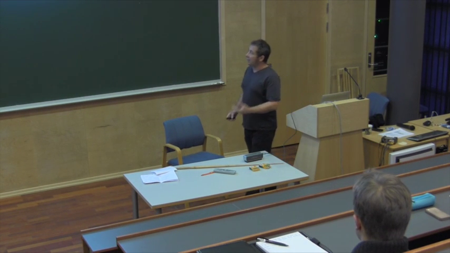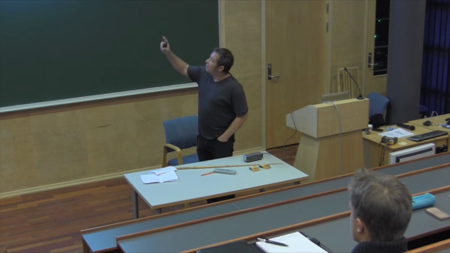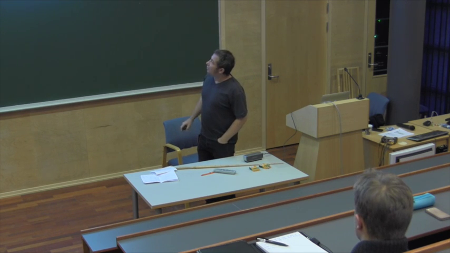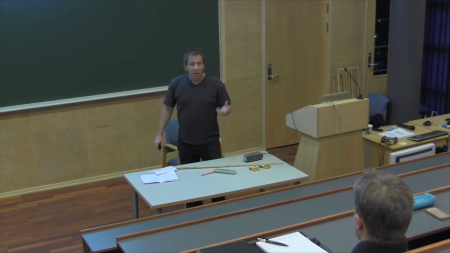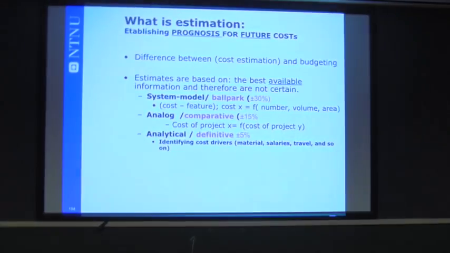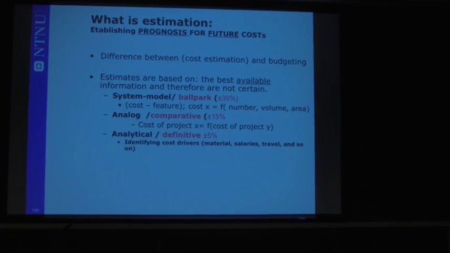Now, in project management literature, you will see that there are three different ways of defining your cost estimate. One of them is based on what we call the system model, or Pinto calls it the ballpark model. In this model, we don't really study the system we are going to develop.